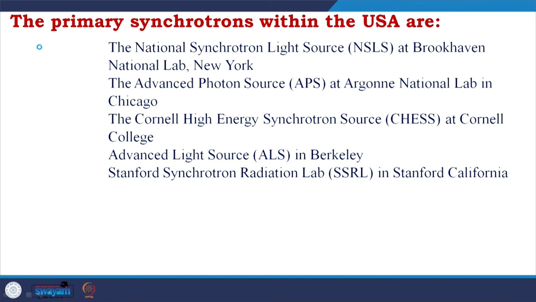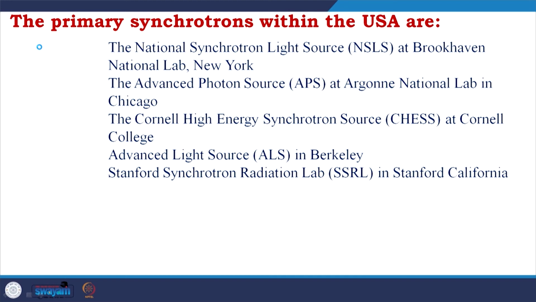Here I am giving you some examples of primary synchrotron sources. In the US, the National Synchrotron Light Source, NSLS, at Brookhaven National Lab, BNL, in New York. The Advanced Photon Source, APS, I just mentioned, at Argonne National Lab in Chicago, Illinois. The Cornell High Energy Synchrotron Source, CHESS, at Cornell. Advanced Light Source, ALS, in Berkeley, California.